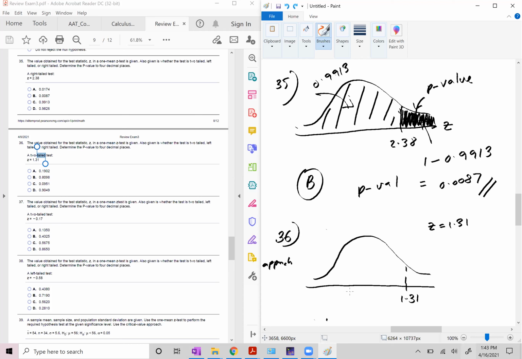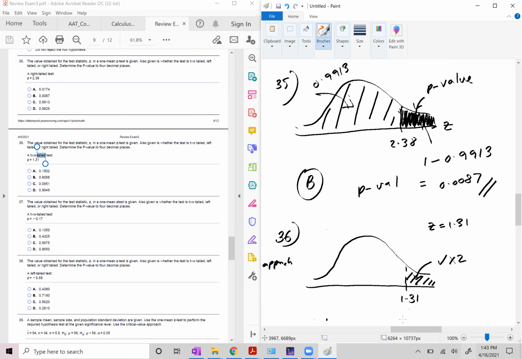If it is a two-tailed test, you find the p-value and multiply it by 2 to account for the other part. Since this is positive, you calculate this region. Keep in mind that there is another similar region on this side. Simply find this answer and multiply it by 2, and that will give you the p-value in the end.